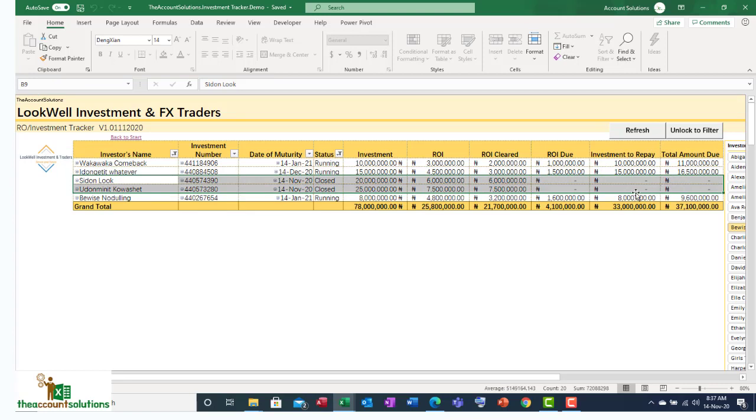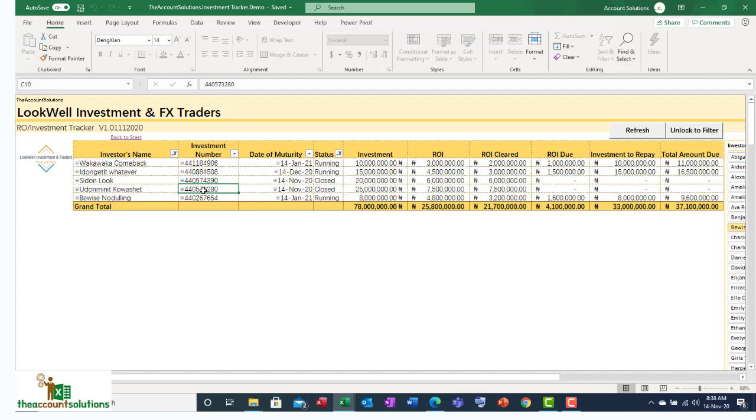No more amount to repay. So everything is now zero because we've closed out these two investments. They are due and they've been closed out completely. So when you finish paying all the ROI, you must ensure you close out the investment amount from this investment and then reinvest it or give it back to the investor.